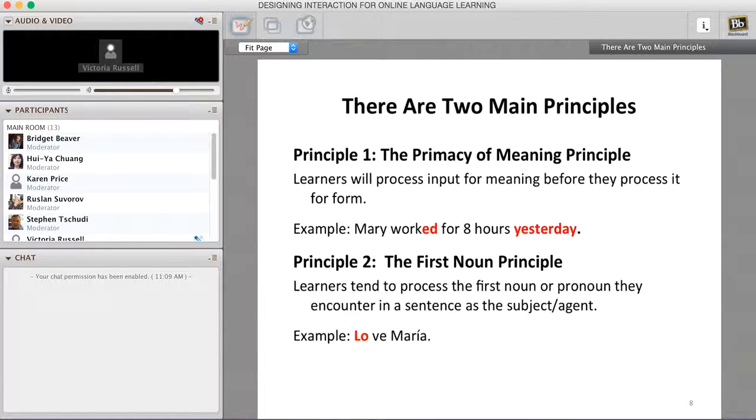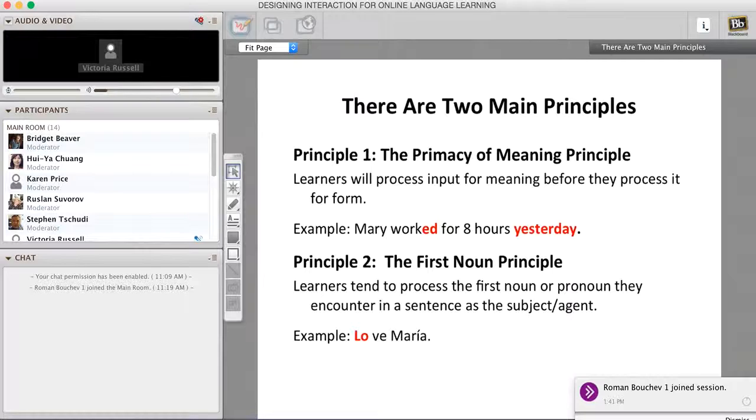The first word they see is lo. They're going to process that as the subject rather than as the direct object. They will think the sentence means he sees Maria, when in reality, it means Maria sees him. In Spanish, word order is much more fluid than in English.